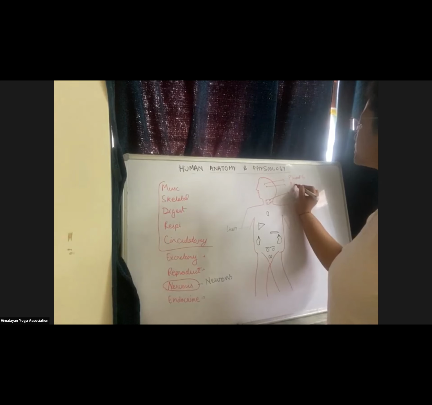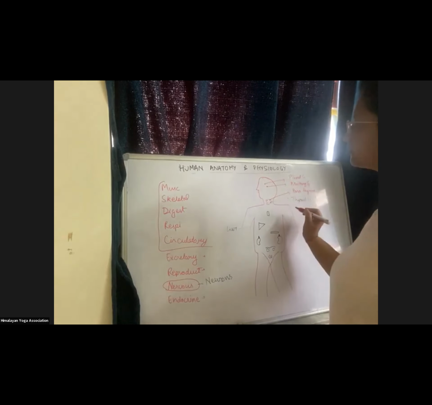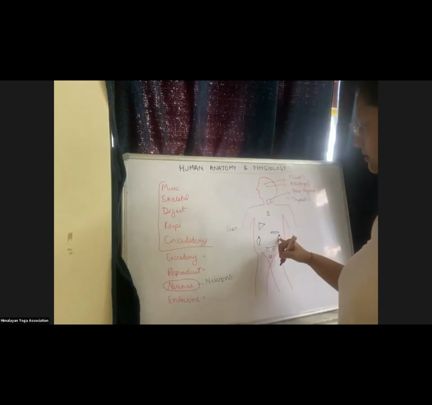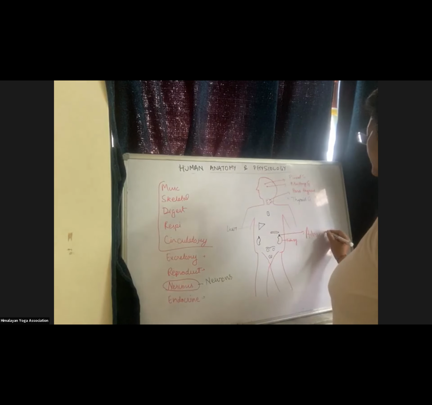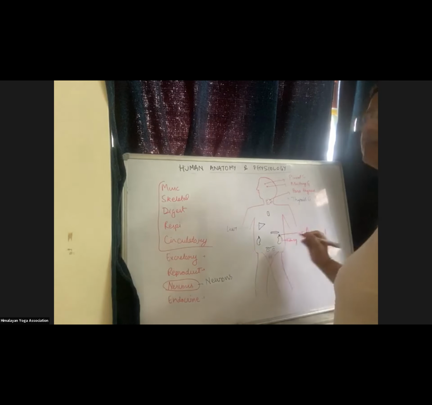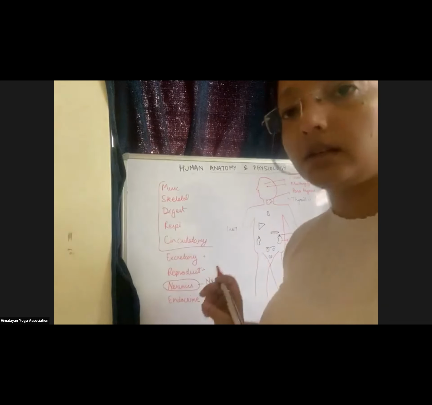The 2 on the sides, are those your kidneys? Yes, these are kidneys. And over the kidney, we have adrenal. Wherever you see renal, this word is related to kidney.